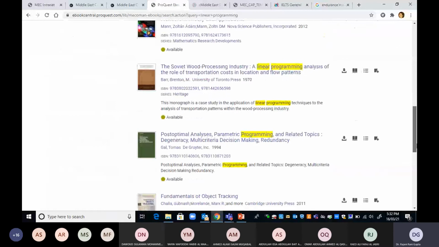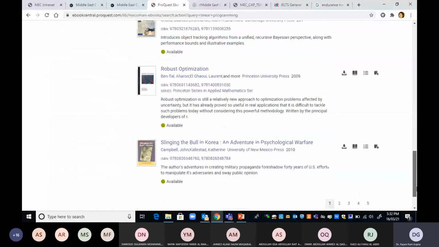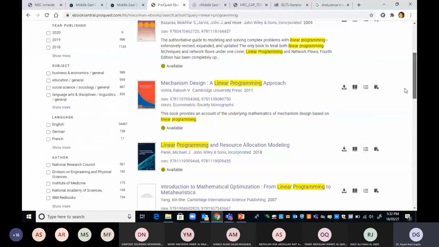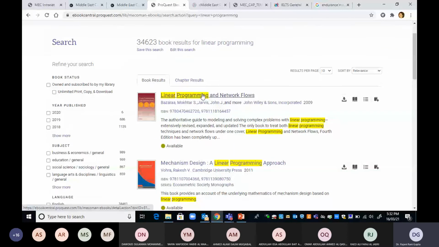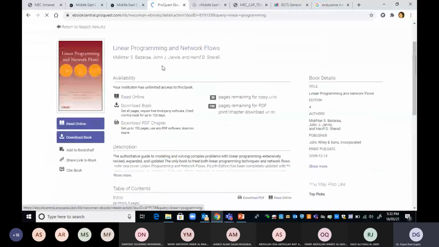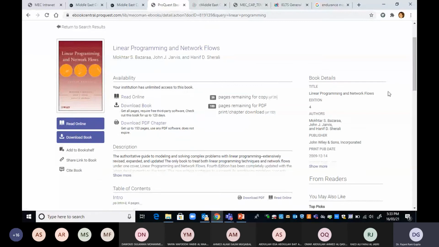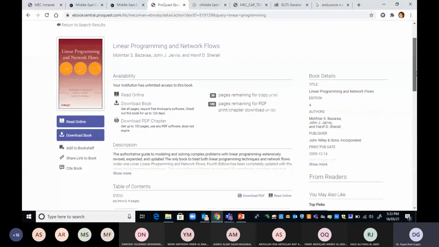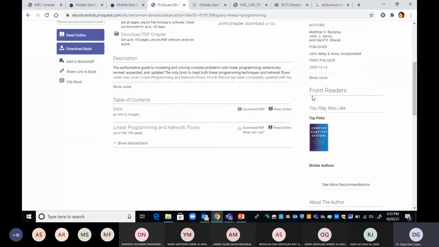But again, linear programming is involved in many things. So first you should see what are the things in it. Let me just see the table of contents. You can read online or you can download the PDF chapter.